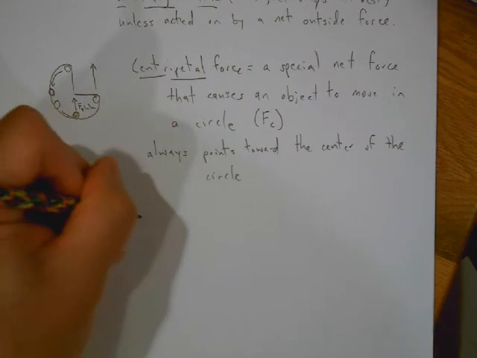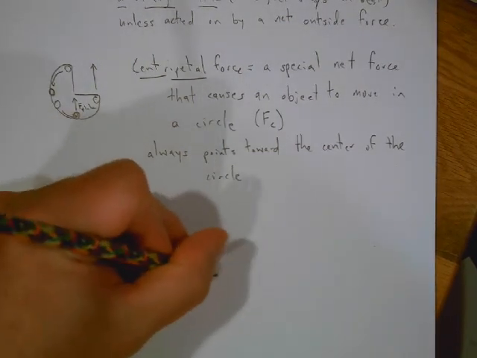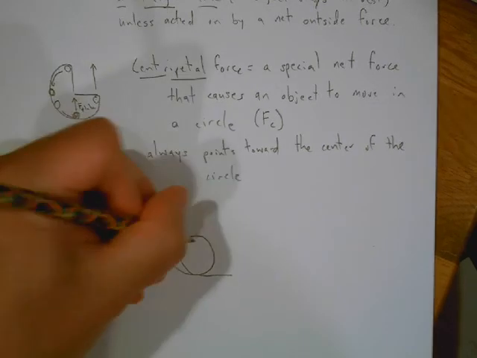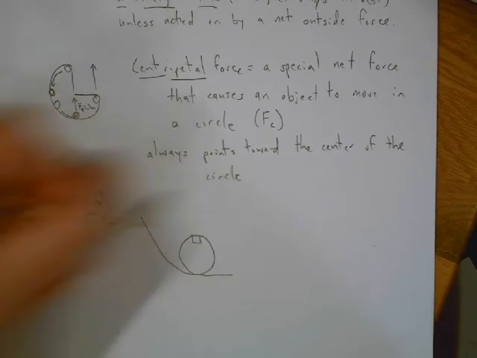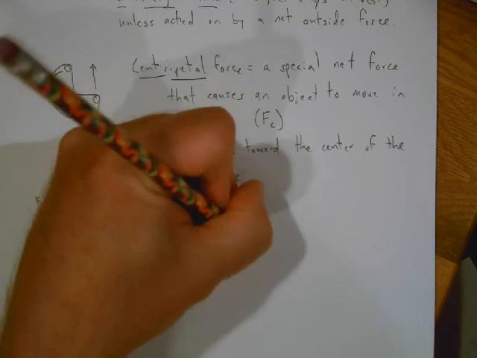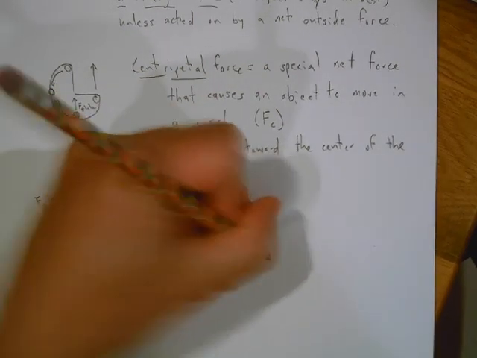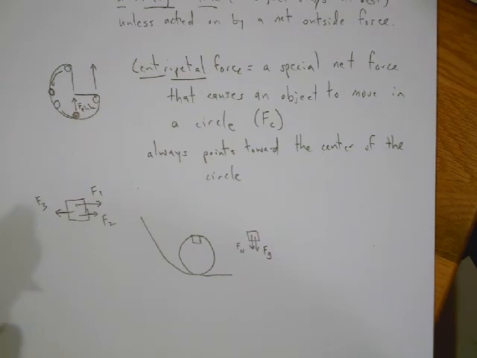If you have a matchbox car going through a loop, and you were to draw your FBD at the top, you would have the normal force pointing down and gravity pointing down. And that's it. Those are the only forces acting on the car at the top.